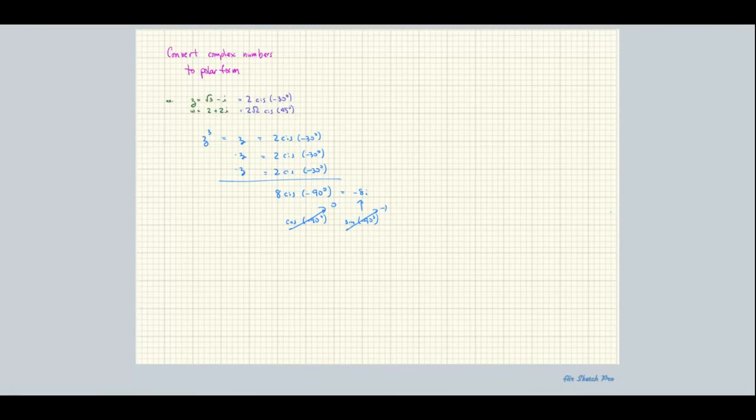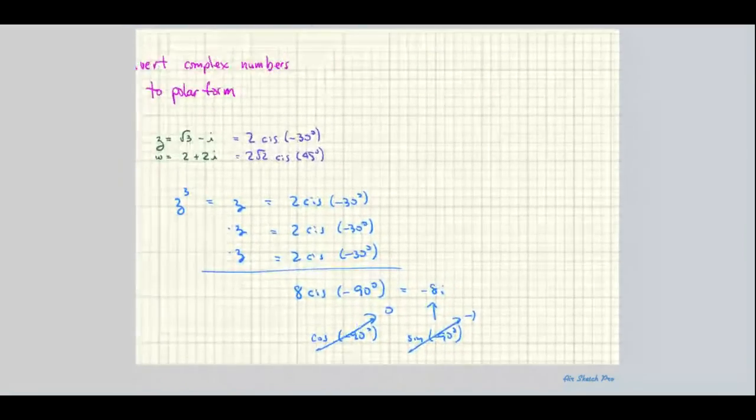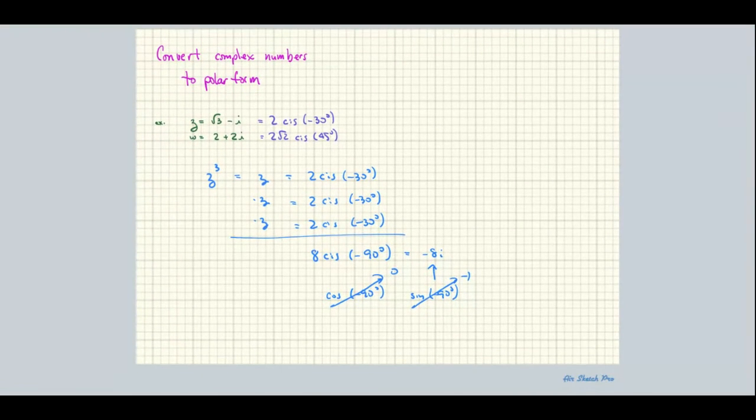In general, if we're going to take the power of z, z to the n is going to be the r part, that's the scalar, r to the n, times cis n theta.